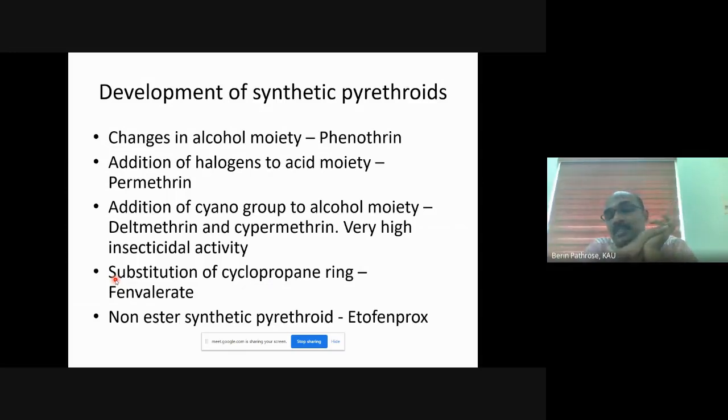This Rothamsted station pioneered the development of synthetic pyrethroids. Before BPS Khambay, there was one scientist, I think his name is Campbell or something, I forgot the name, who was instrumental in developing several synthetic pyrethroids. And there is a review article by BPS Khambay wherein he has described how synthetic pyrethroids evolved over time.